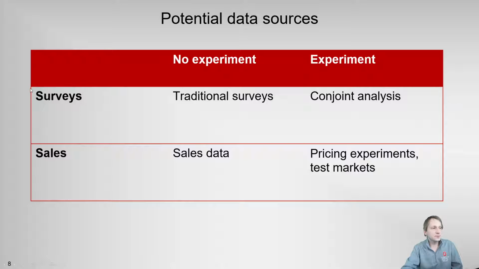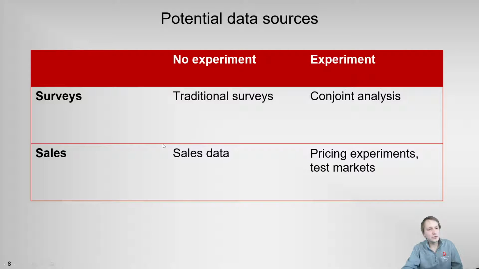The other thing is it could be survey-based or sales-based. There are pros and cons to each of these quadrants. If you don't have an experiment and it's a survey, well, it's a traditional survey, right? And if you look at sales data without an experiment, well, you just have sales transaction data.